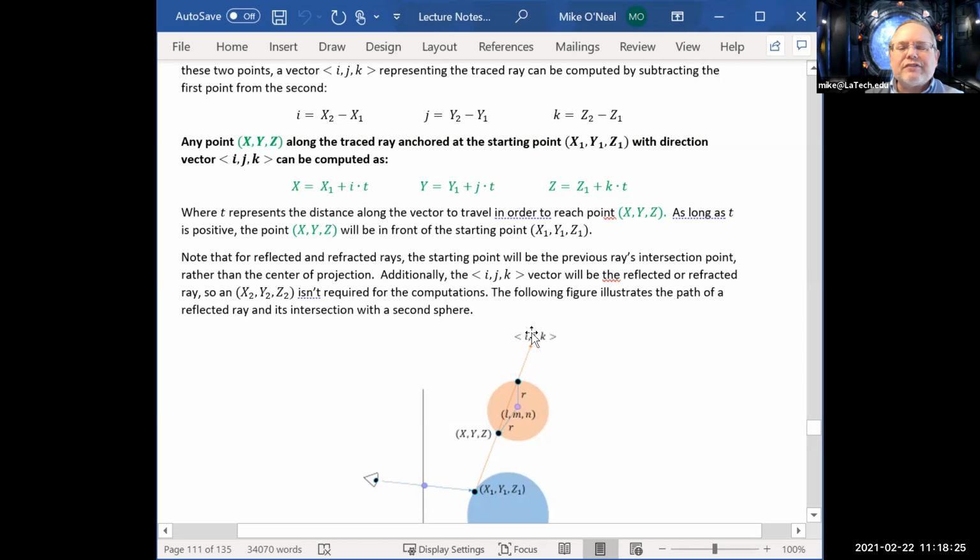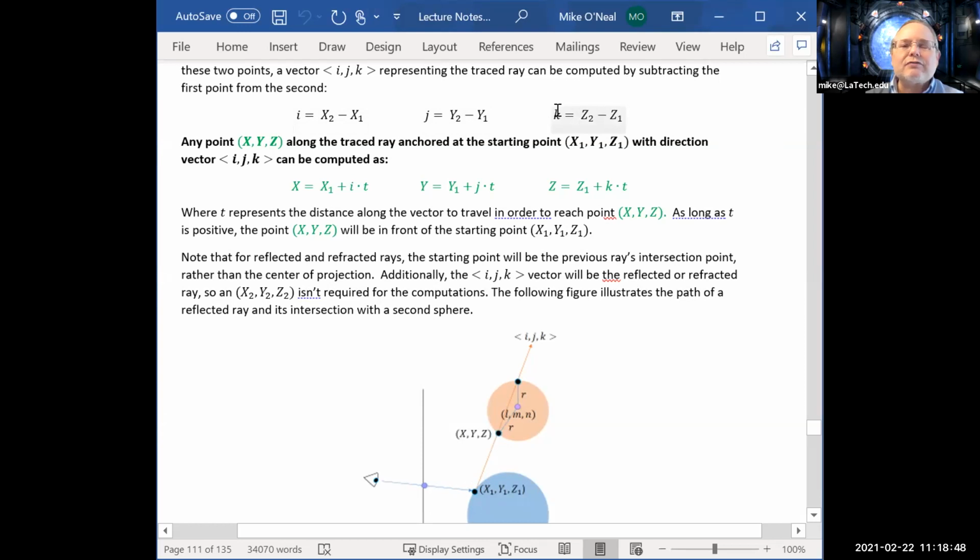The direction is just a vector that I'm calling ijk. If I'm given 2 points like the eyeball, the center of projection, and the point on the screen, I can do end minus start, x end minus x start, y end minus y start, z end minus z start to get the ijk.